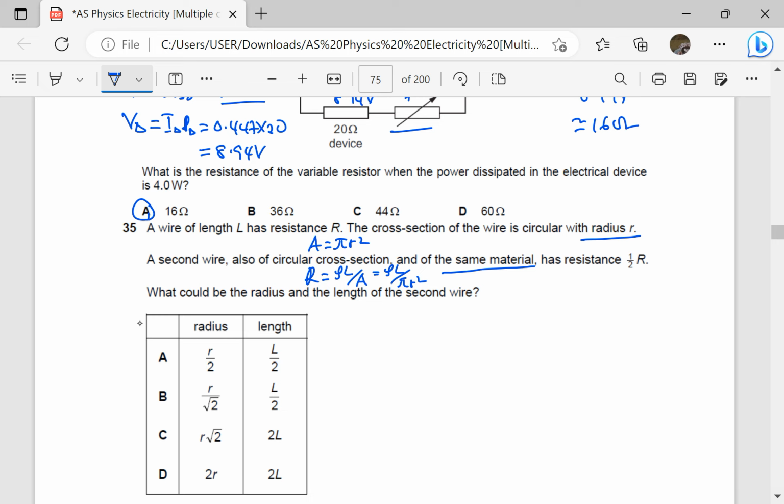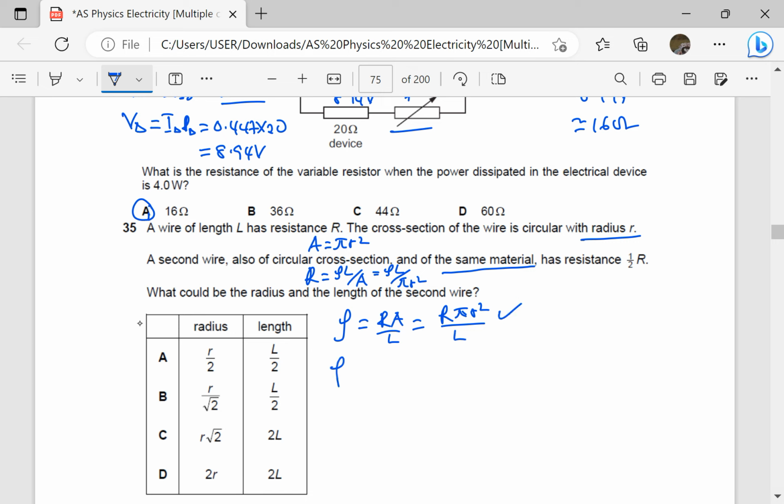Resistivity is going to be R times the area divided by L, which is resistance times pi r squared divided by the length L. So this is for the first wire.